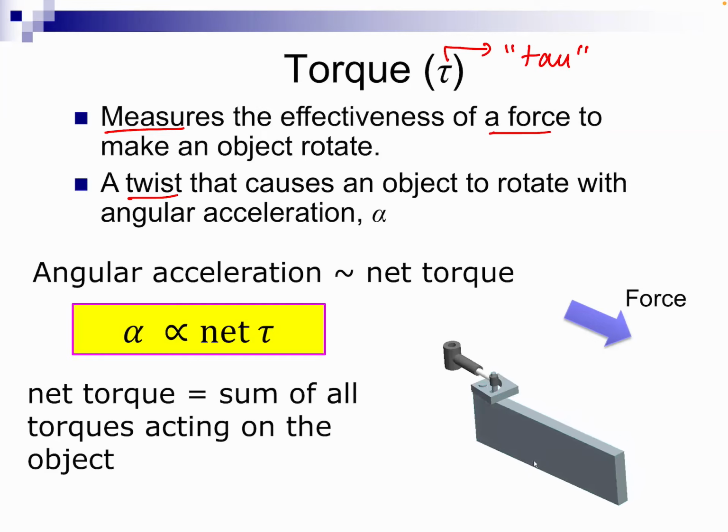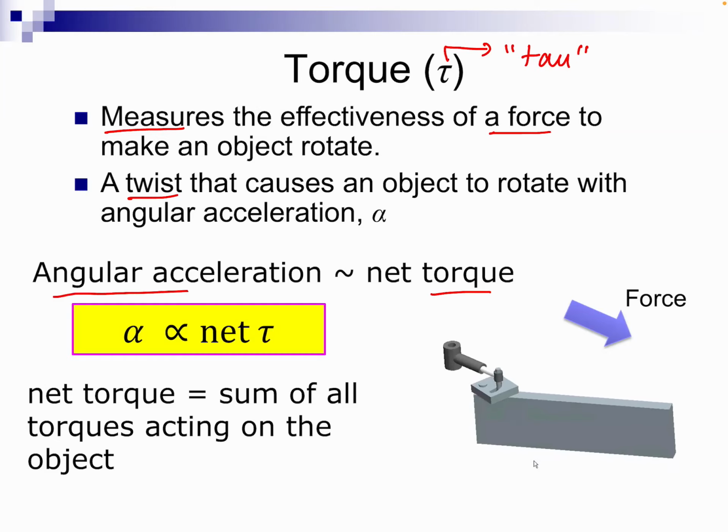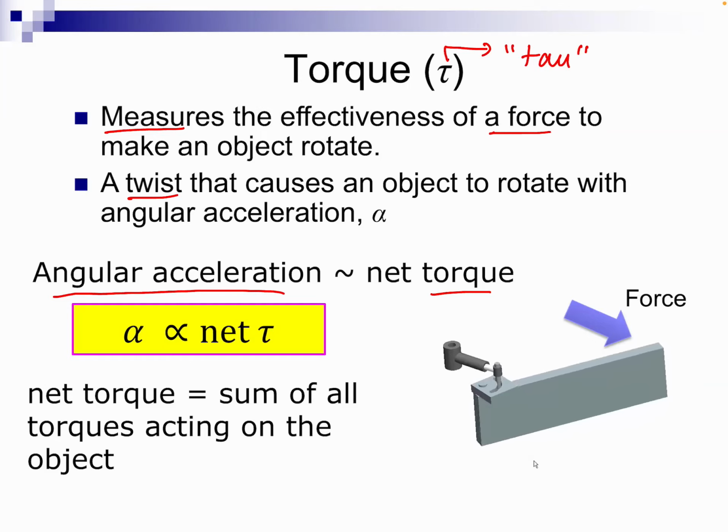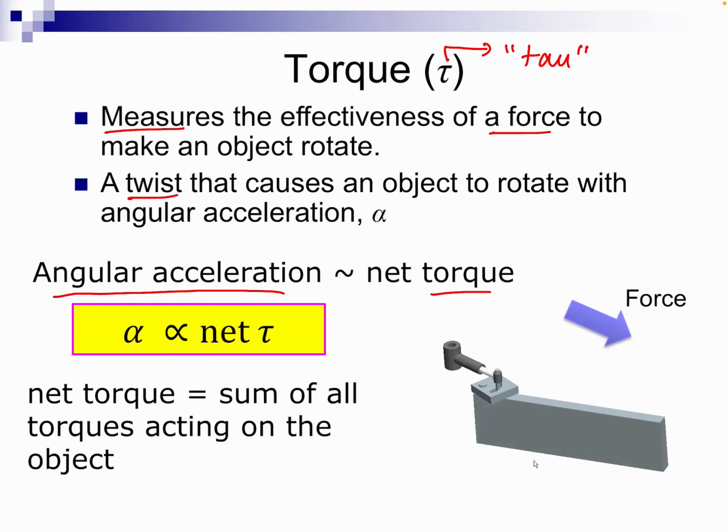From the definition of torque being the tendency to rotate an object, the torque will therefore create some angular acceleration. We've defined what angular acceleration is yesterday. It's how fast the angular velocity changes, or how fast the angle changes over time.